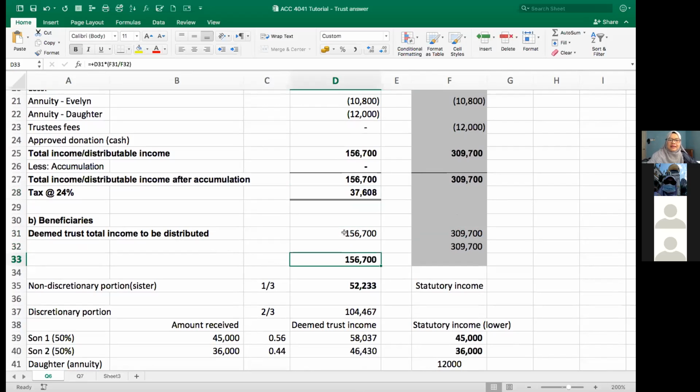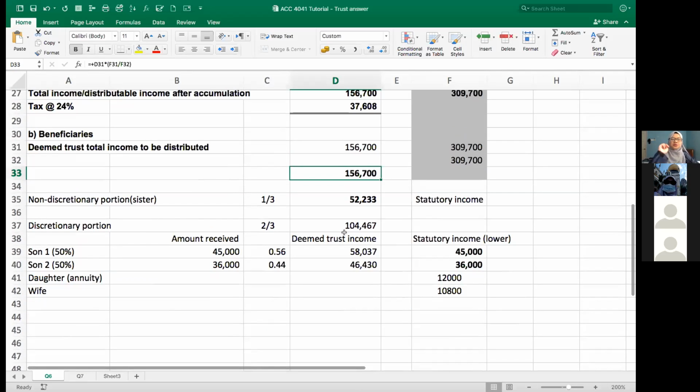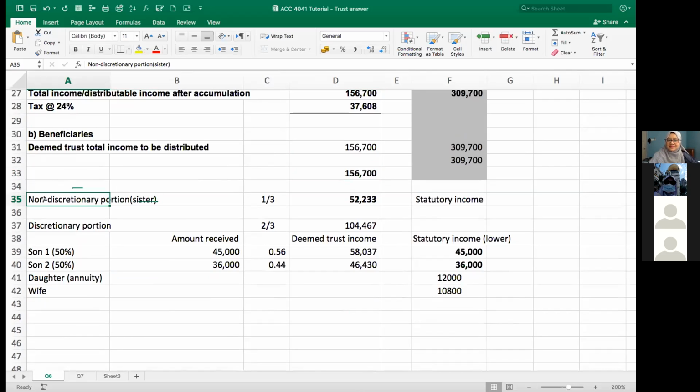But remember that the beneficiary, alright, dia ada dua. One is a non-discretionary portion, which is 1/3 to the sister. The discretionary portion is 2/3, alright. So 156,700 times by 1/3.